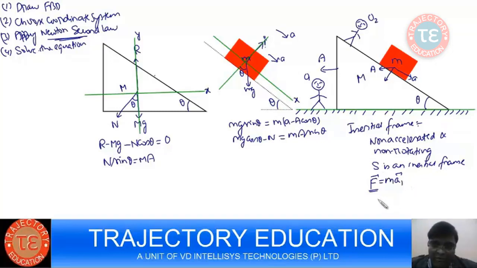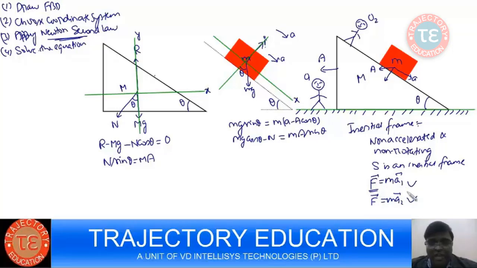It means for O1, if I write F equal to ma1, and for O2 I write F equal to ma2, in that case one of the equations is wrong. Reason being, both are going to observe the same force, but they are observing different accelerations. So how can the same force be equal to both ma1 and ma2?